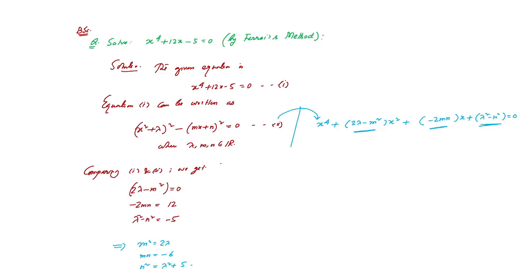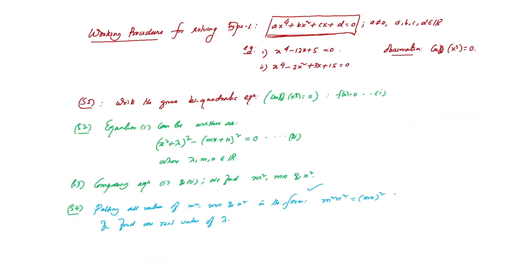In step 4, what we have done? We are eliminating lambda. We are eliminating m and n. And we are finding one real value of lambda. This has been done in step 4. Now we will continue step 5.